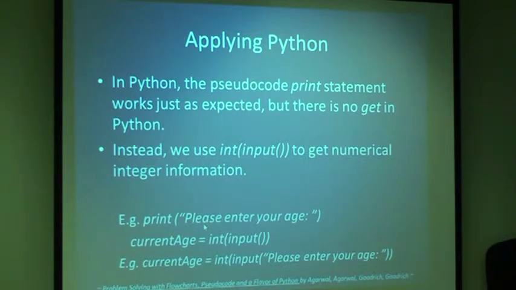But we are working with the later versions, so you can actually combine these two statements, as this is the prompt, it prints this out, it does inside out, right? And then reads the input from the keyboard, converts it to an integer, and then assigns it to current age. Or you can do it in two steps like this, but there's no advantage to doing it this way. I always do it like this. Some people find this clearer.